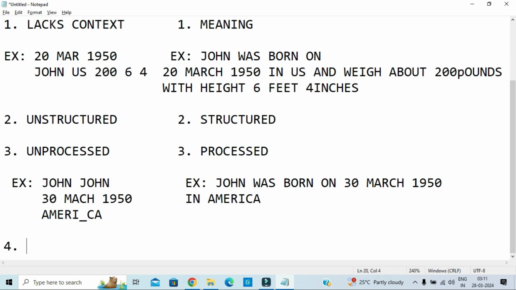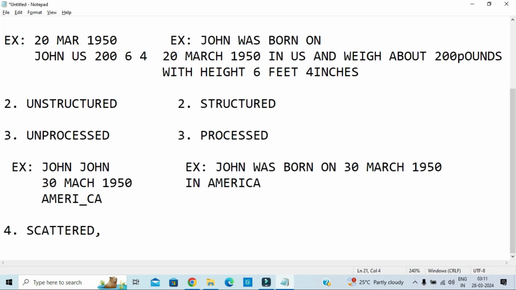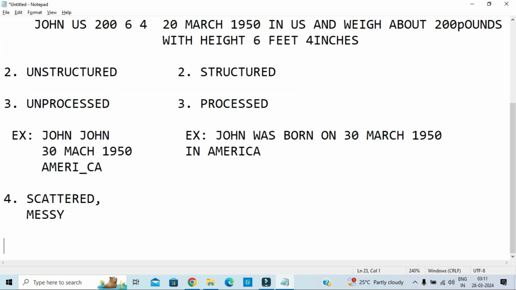There are a few more differences that we need to understand. Data is completely scattered. You can say it's messy. Why? Let me give an example.